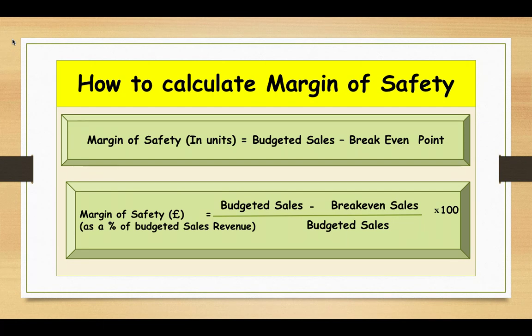And margin of safety as a percentage of budgeted sales revenue is equal to budgeted sales revenue, take away break-even sales revenue, divided by budgeted sales revenue, times 100. So the first one will give us the margin of safety in units, and the second formula will give us the margin of safety in money value.